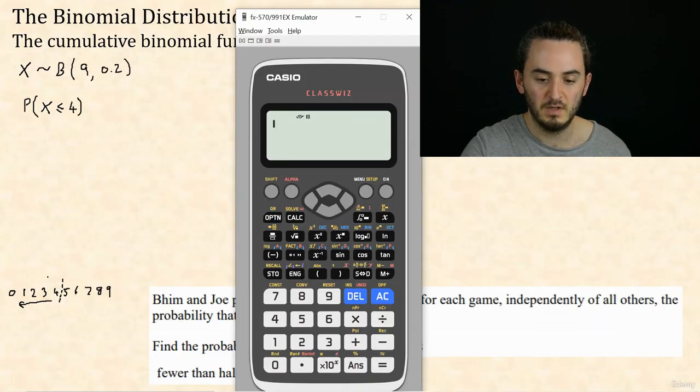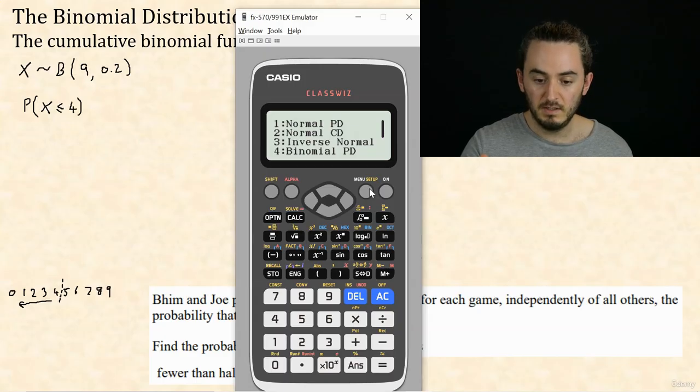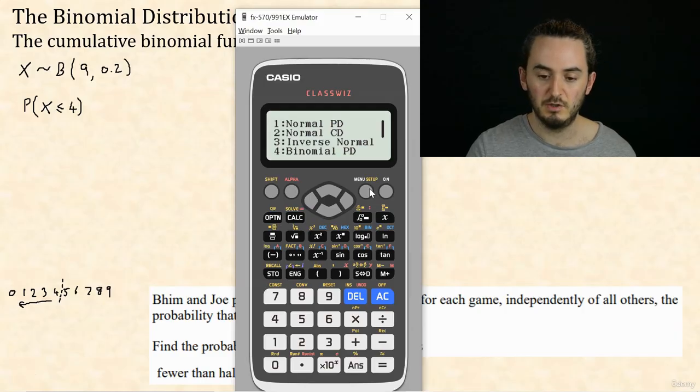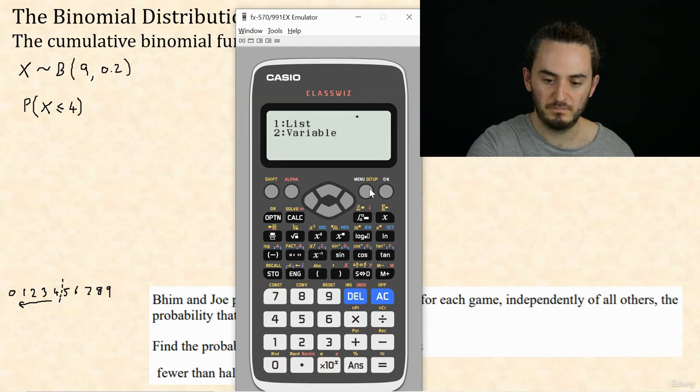Have a look. We go to our calculator, press menu, and then scroll to the distributions, option 7. Now, before we always used option 4, which was binomial probability distribution, but now I want us to use the cumulative distribution. So if you scroll down, it's option 1, binomial CD.